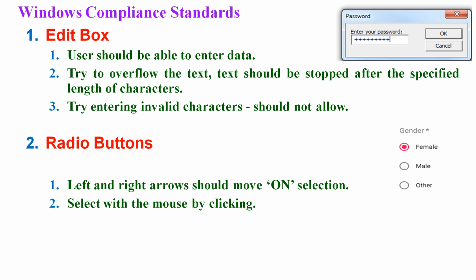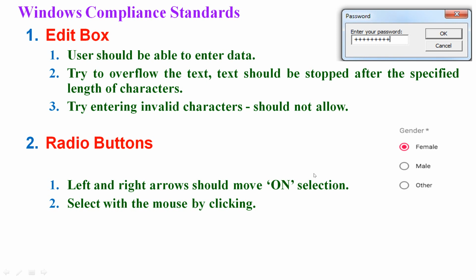So, as a software test engineer, you have to test by using the arrow keys also, whether it is moving on selection or not. On selection means it should get selected. See, here the female option is selected. That is on. If the male option is selected, then it is called on. Right?